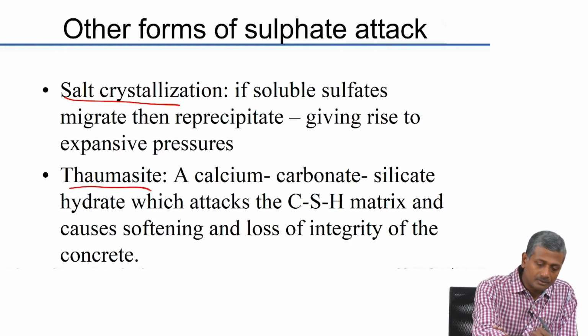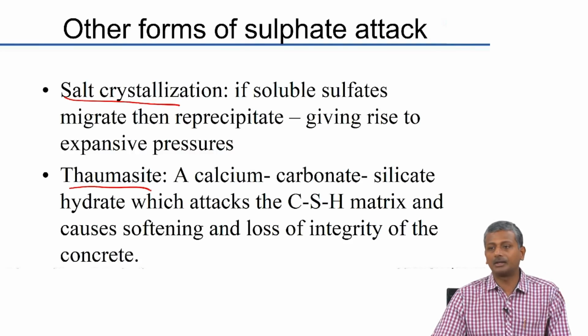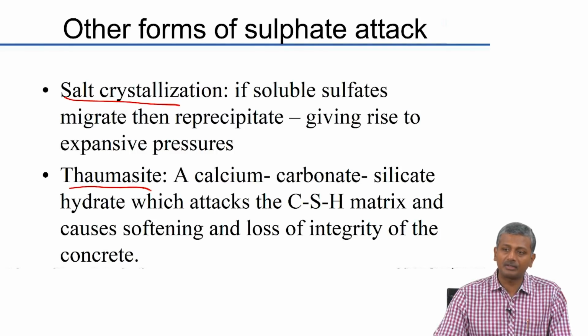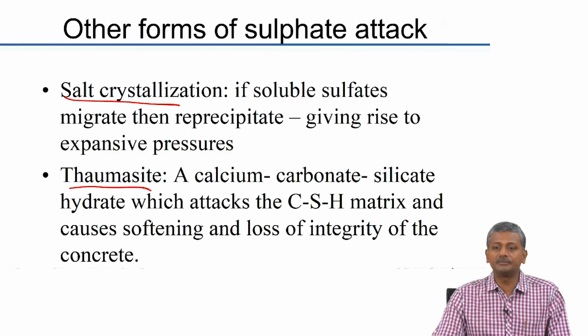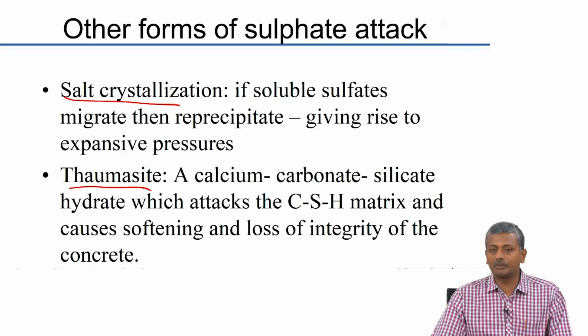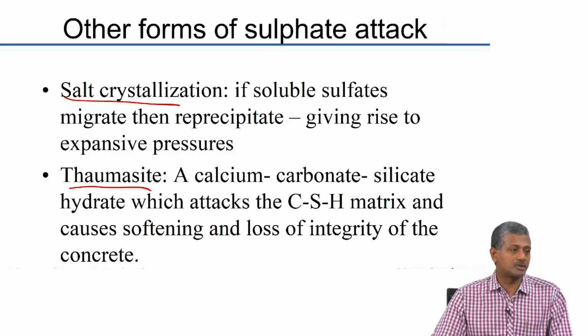The other damage which is getting more and more important these days is called thaumasite attack. Now, thaumasite is a phase that forms when, apart from sulphate, you also have a source of carbonate inside the system. Okay. So, you form a calcium silicate sulphate carbonate. It is a very complicated product that actually forms because there is a source of carbonate available in the system. Where is this carbonate coming from? Limestone. Yeah, a lot of limestone is being used in the concrete these days.